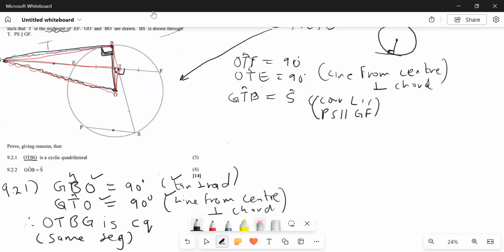So let me try to erase so that we can at least have a clear diagram, guys. So now that we know OTBG is a cyclic quad, now we can say, okay, cool, that's fine.